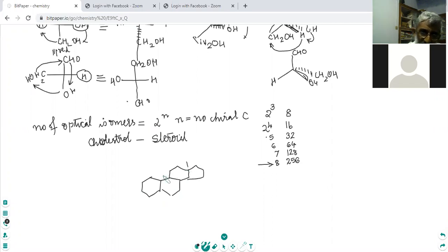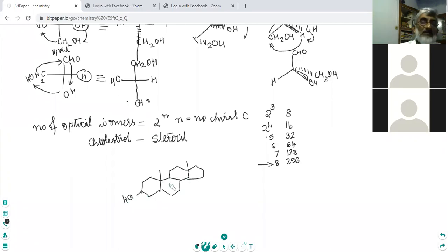You have two methyl groups here. Then cholesterol means you have OH here. And then I think you have a double bond over here. Now you have chiral carbons here, here.